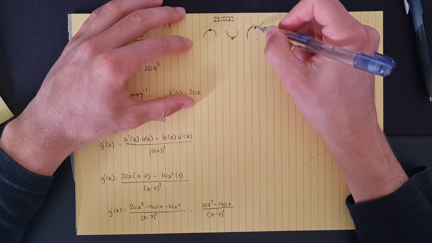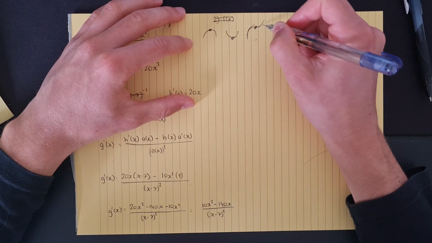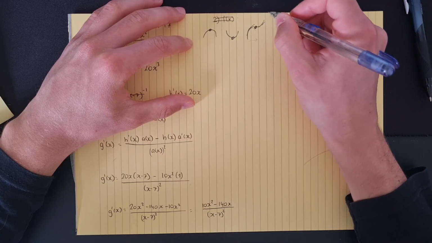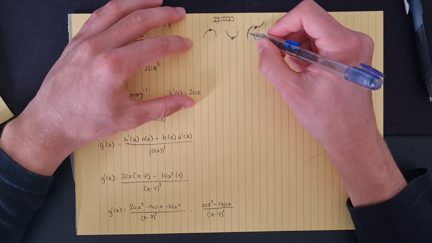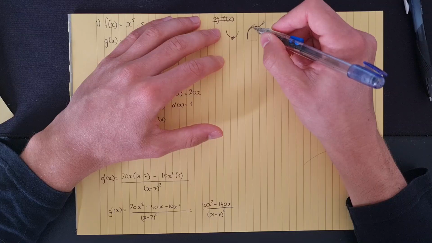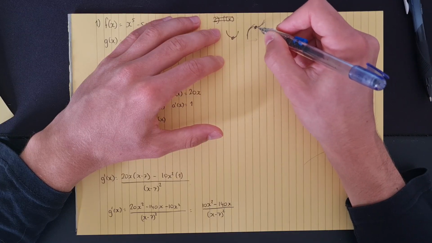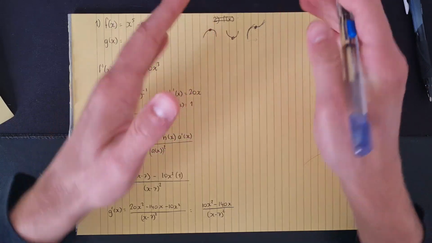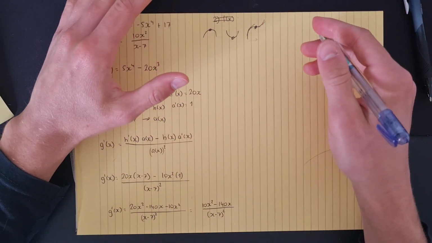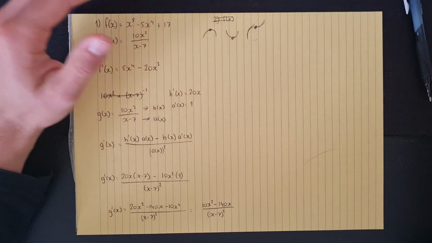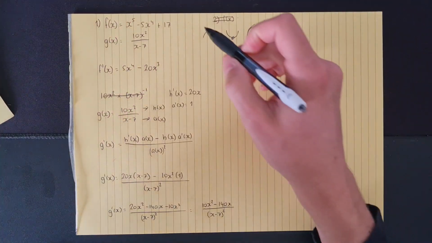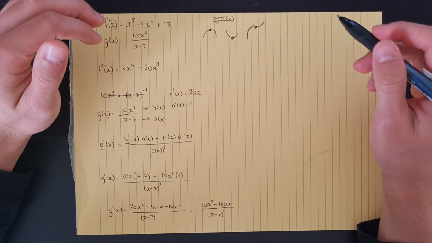But then, in reality, it starts to increase. So it was decreasing, the gradient of the tangent to the curve was decreasing, and now it's starting to increase. So the point between where that changes is the point of inflection. So that is a critical point. So we have 3 different types of critical points.